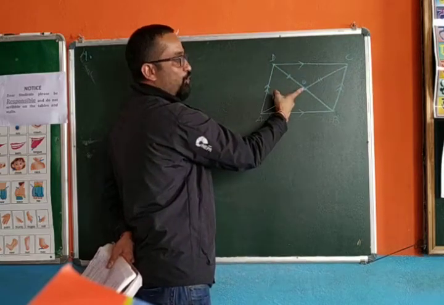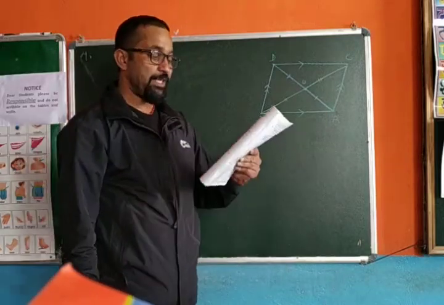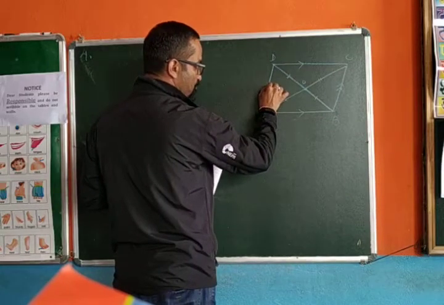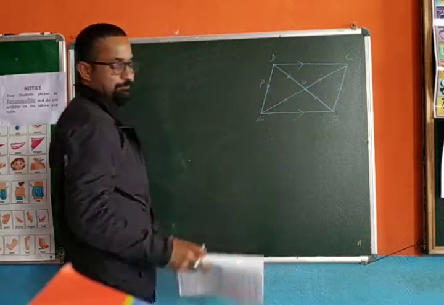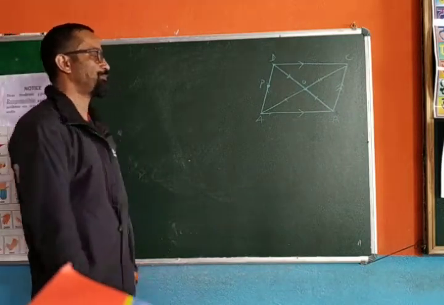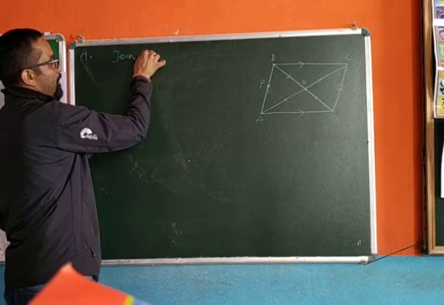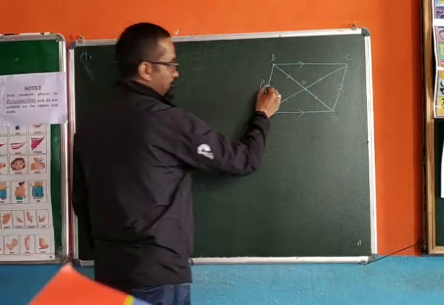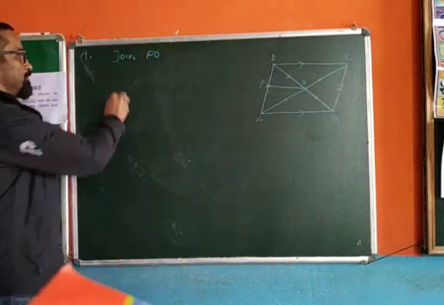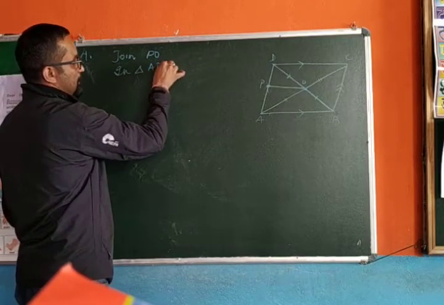Similarly, DO is equal to OB. P is midpoint of AD. You mark a point here, P. Prove that PO is parallel to AB. Join PO. Now use triangle. In triangle ABD.